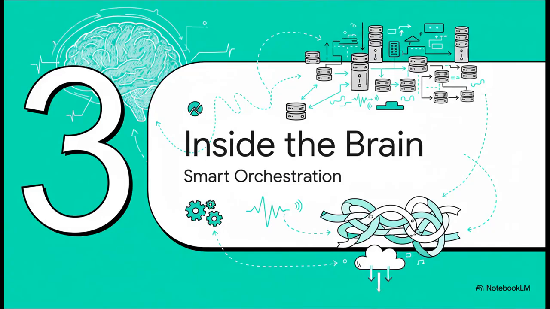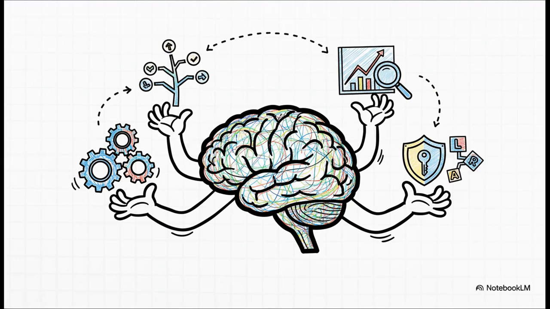All right, so let's zoom in a bit, let's look inside that brain, and see how this smart orchestration actually makes the whole system so much better. Just look at this list. The control plane is juggling a crazy number of complex jobs all at once. It's deciding which model should run where, it's routing traffic intelligently based on what the prompt is actually about, and it's even scaling up resources before they're actually needed.